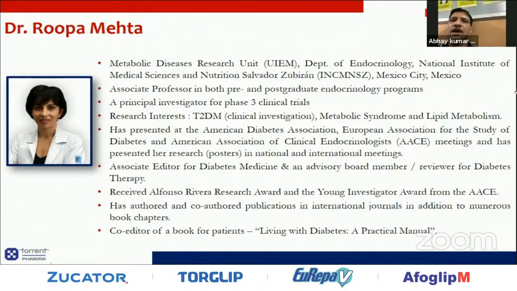She has authored and co-authored publications in international journals in addition to numerous book chapters. She is also the co-editor of a book for patients living with diabetes, a practical manual. With that much introduction, I'm handing over the whole session to Dr. Roopa Mehta. Over to Dr. Roopa Mehta, ma'am, please.